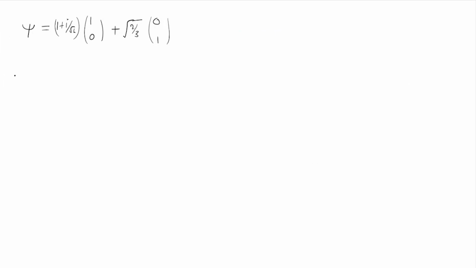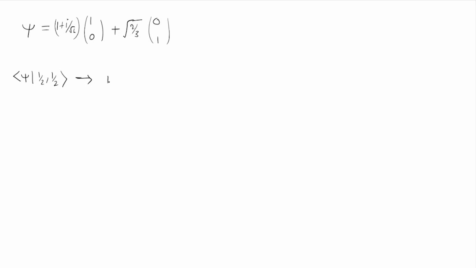Now, if you are interested in computing this, you put this vector psi star. You put a column vector, write a row vector of this. And how to write a row vector of these?